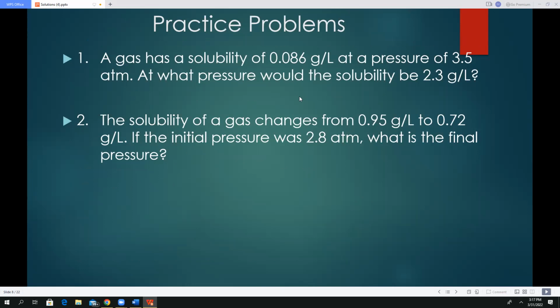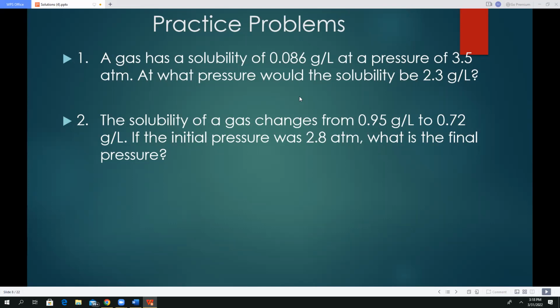Like I said, this is the same set of problems that I have in your sheet that is on Canvas. So if you're doing them now and you get them right, then you have the answer already, and you're going to need to show your work. So don't just put the answer. That's the main thing.